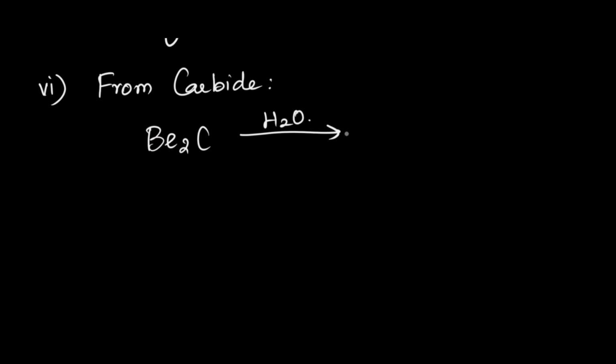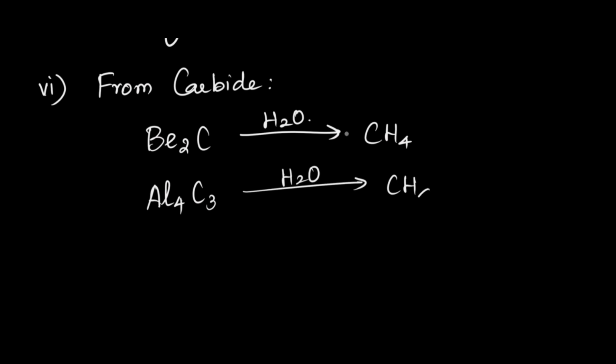So what can happen? CH4. Irrespective of the carbon you are using as a carbide, you will get CH4. For example, if you are using Al4C3, you will end up with CH4.